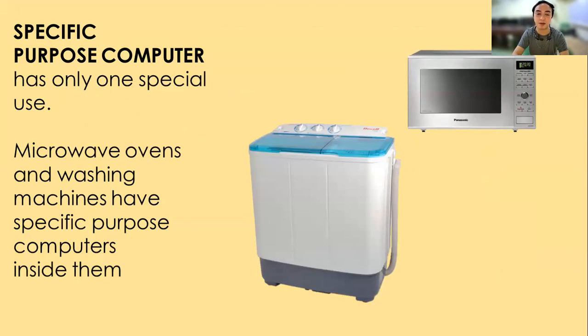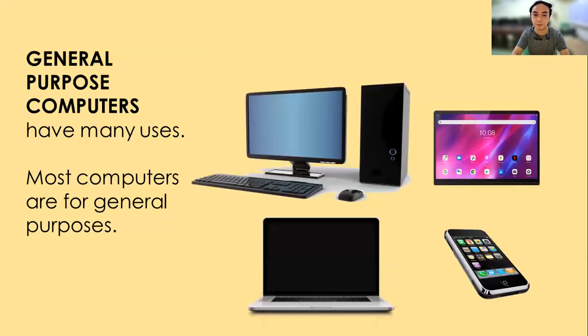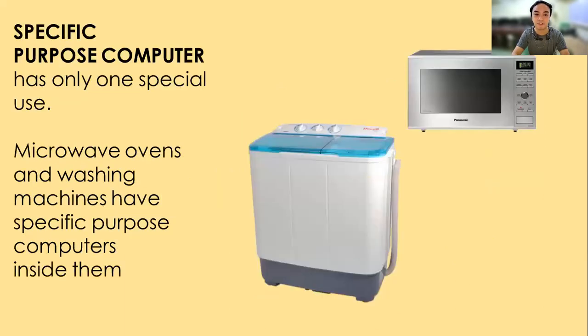I'm not telling you that the microwave oven and the washing machine are computers, but the timer. They're timers that set the washing time and the heating time respectively. So the timer is the specific purpose computer there because it has only one special purpose. Unlike the general purpose, it has many uses, many functions. Specific purpose computer, one function only.